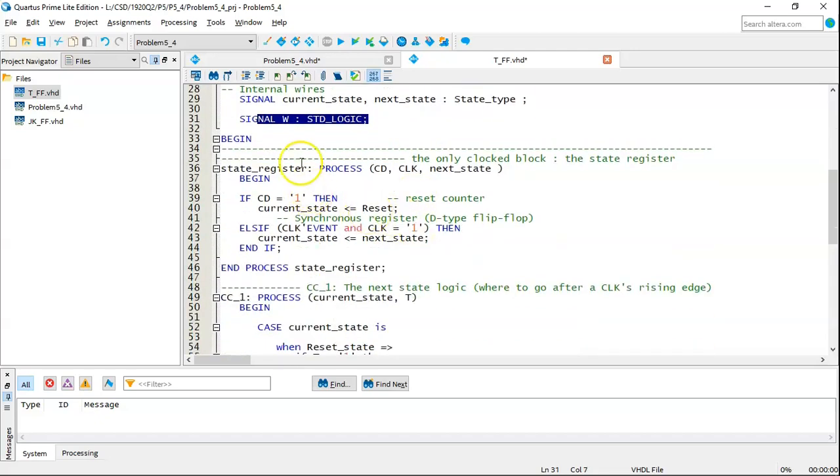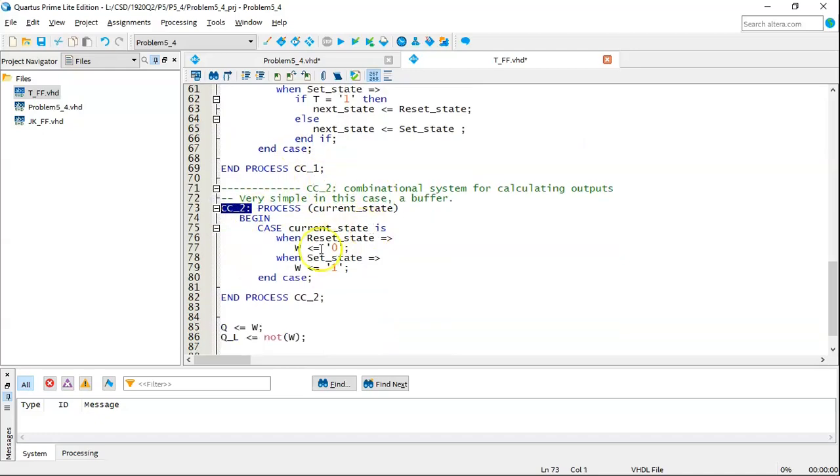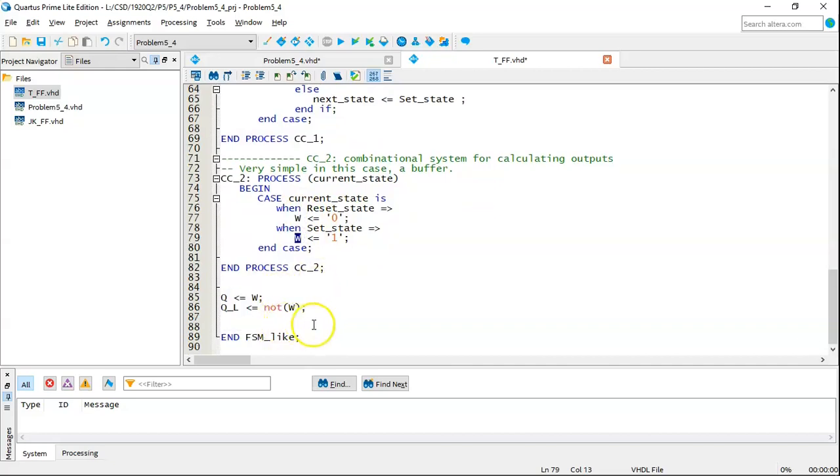And now you can go through this because the CC2, instead of generating directly the Q, now generates the W. And in the end, you need the buffer and the not, you see? That's the way. So now you've been modifying the component this way. There's no need to generate a full project for this small change.